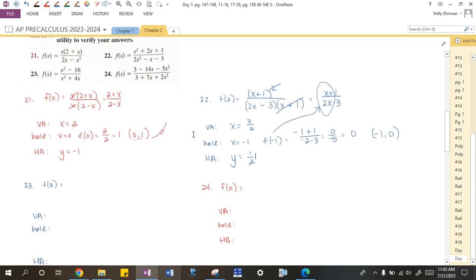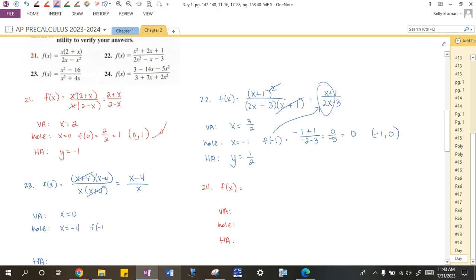For 23, I can factor the difference of squares in the numerator. I can factor out a GCF of x in the denominator, which shows me I can cancel out x plus 4s. So the simplified function is x minus 4 over x. That means there's a vertical asymptote at x equals 0. There's a hole at x equals -4.